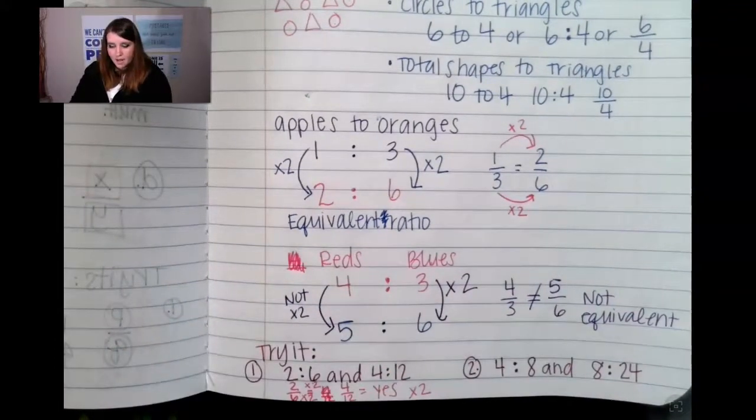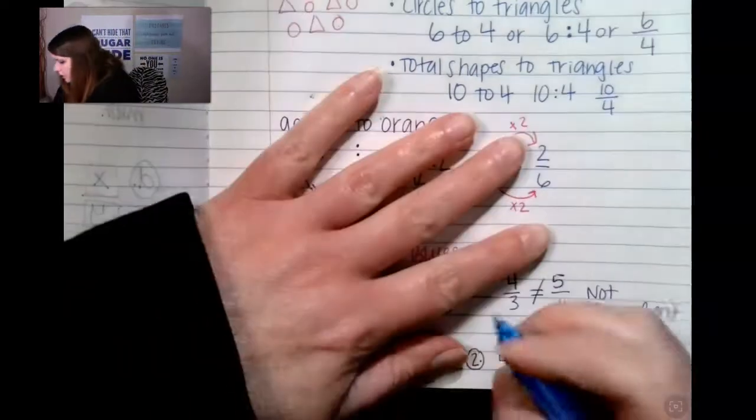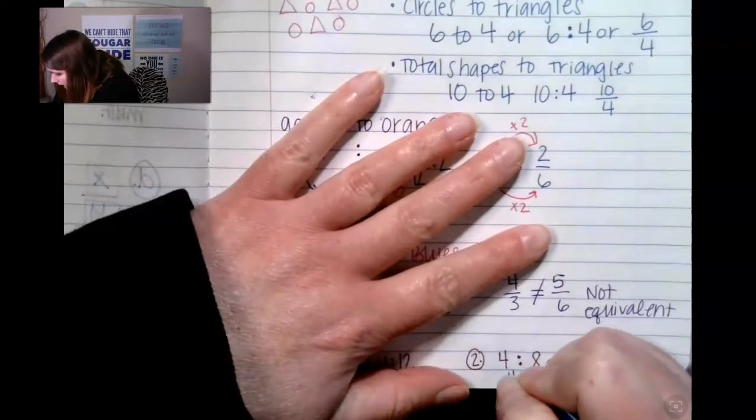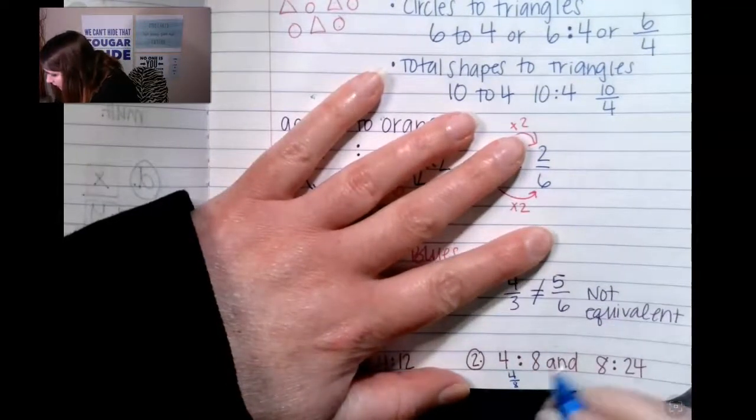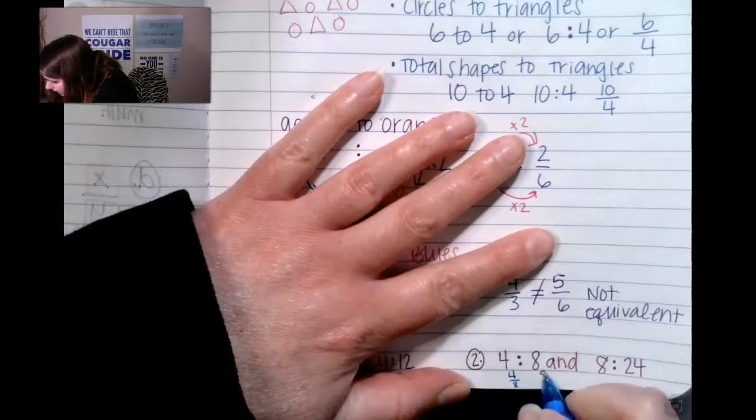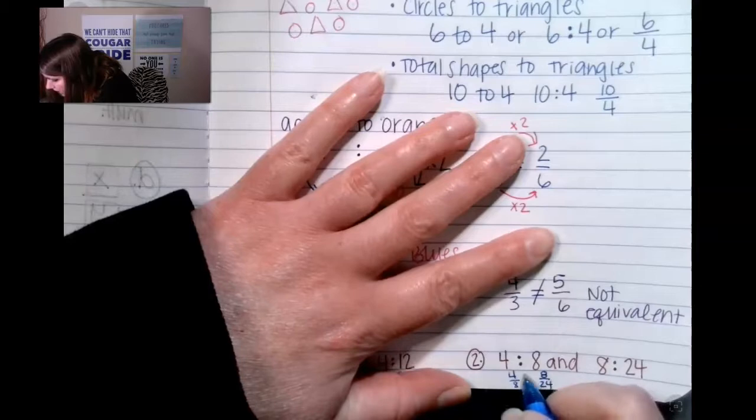All right, on the next one, I want to know, is the next one equivalent? All right, let's check it out. I'm going to use a different color so we can see it a little bit better. Okay, so 4 out of 8 and 8 out of 24. So to get from 4 to 8, I multiply by 2.